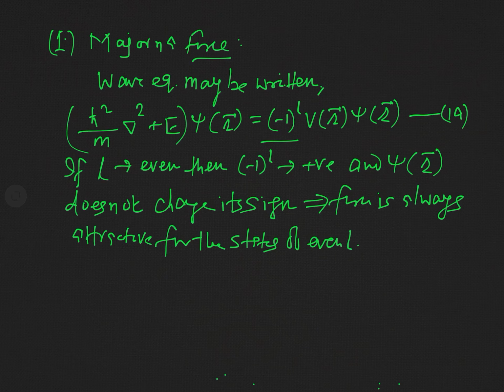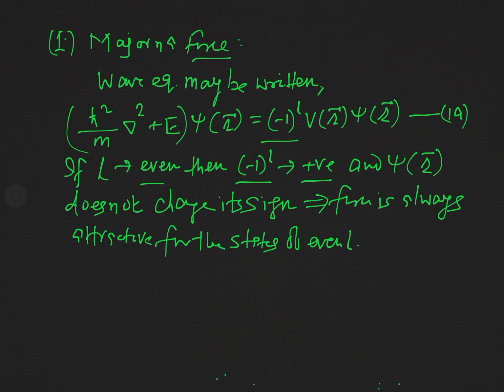So you can see from this result that if L is even, then minus 1 to the power L, let us say L is 2, that is an even number, so this will be simply 1. L is 4, that will be simply 1. And it means this parity minus 1 to the power L will be positive.